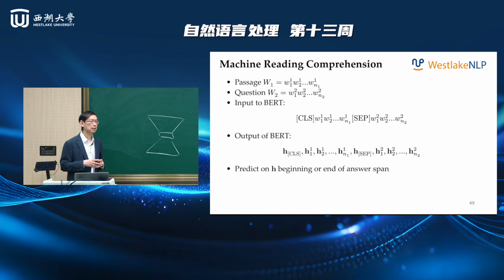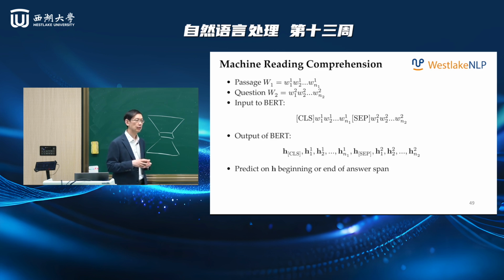Let's revisit machine reading comprehension. The task is to find the answer for a question in a passage by identifying the answer span in the passage, which is a structure, just like a named entity.